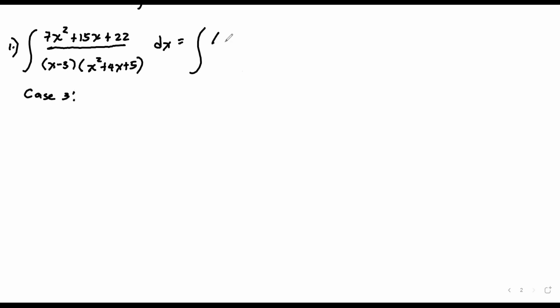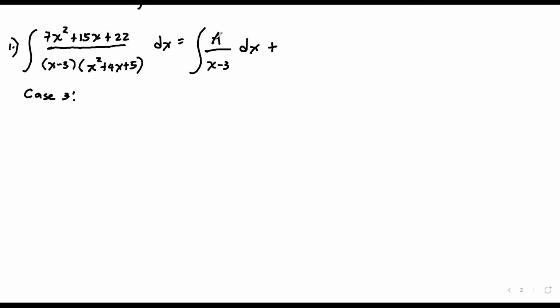A, the derivative of this one pala, class. Kasi sabi, where d of x consists of quadratic factors that are repeated. So A, yun muna. A muna. Sorry. We'll have A over x minus 3 dx.